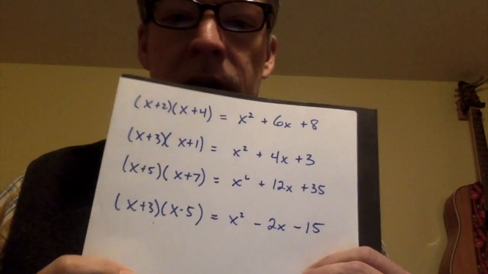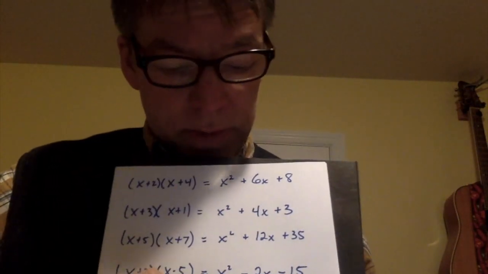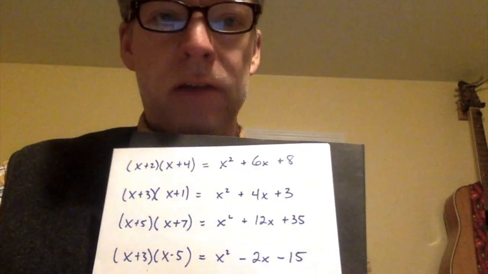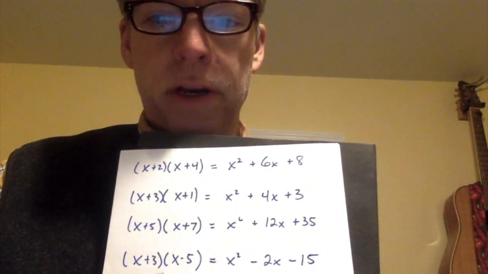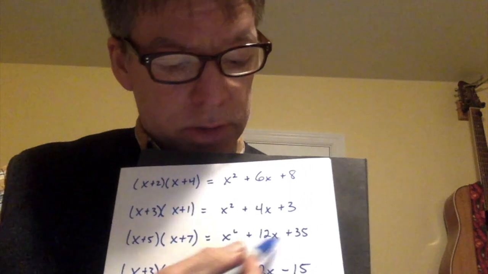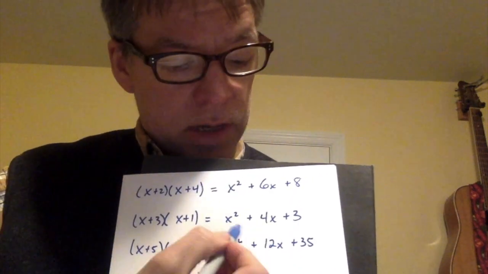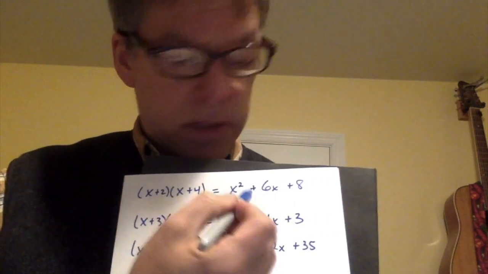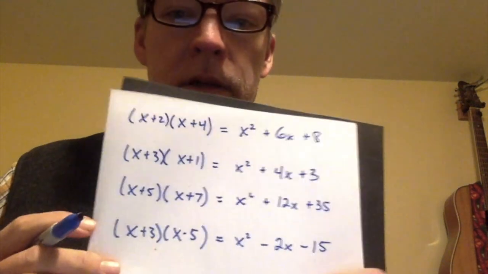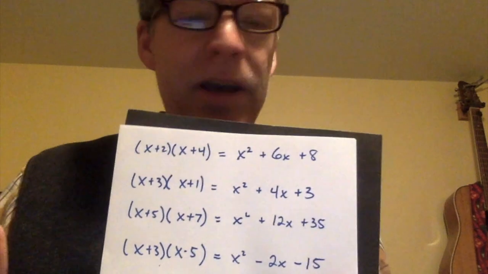Okay, so there is a pattern here. I need you to be able to look at this and realize its factored form is over here. I need you to be able to look at this and realize its factored form is like this. I need you to be able to look at this and see its factored form. So there is a pattern going on here.